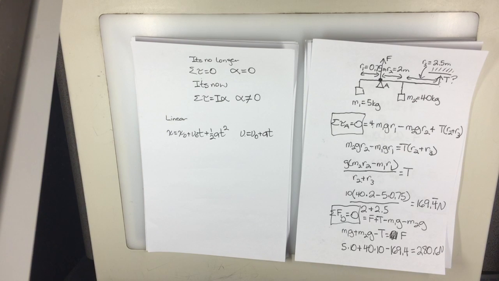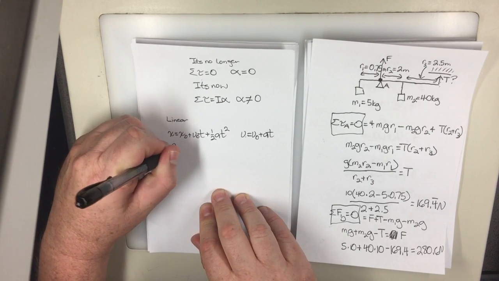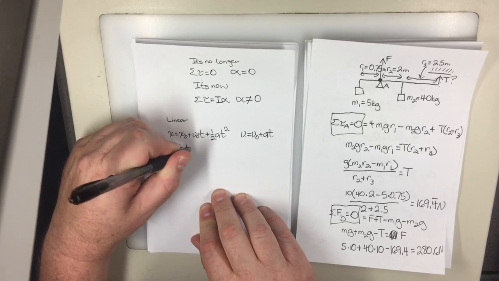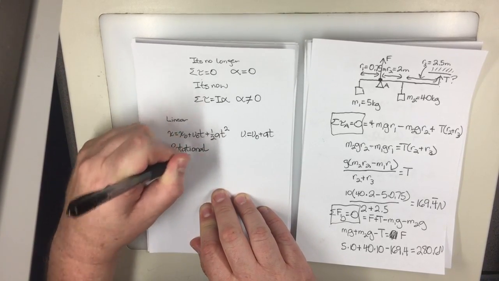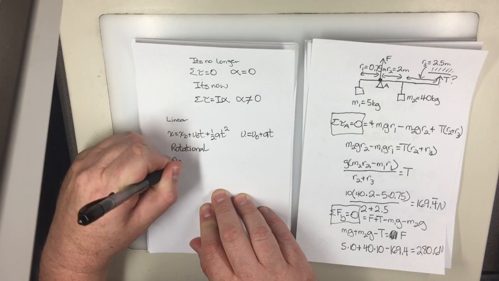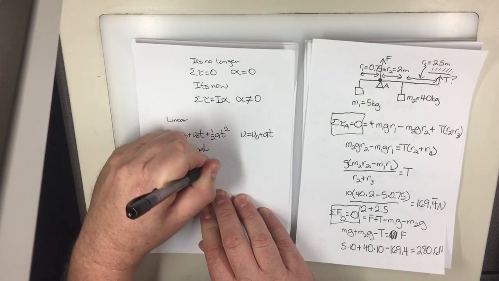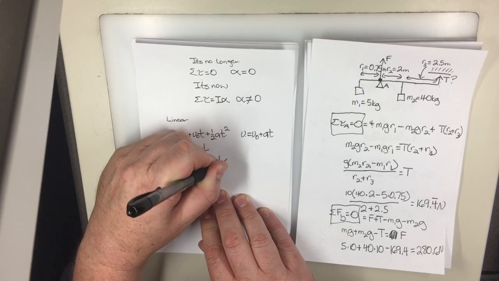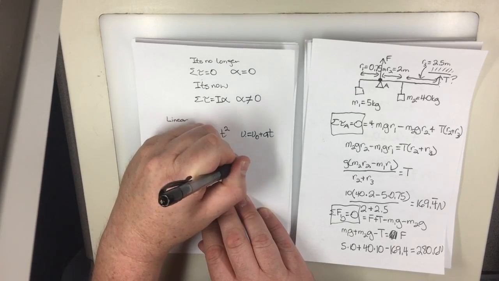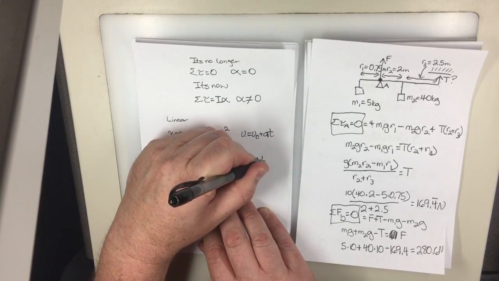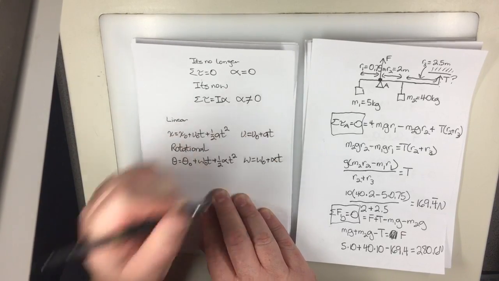Now that alpha is non-zero, it gets a little more interesting for the rotational equations of motion: theta equals theta naught plus omega naught t plus 1/2 alpha t squared, and omega equals omega naught plus alpha t.